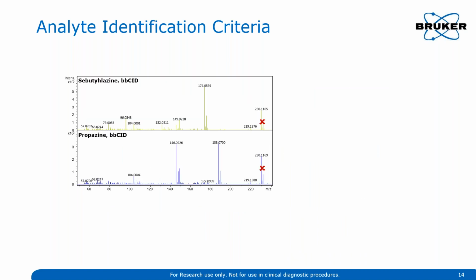So if we look at broadband CID spectra for these 2 chromatography peaks, we see that the parent ions are the same right here, but the fragment ions are different. So unique fragment ions can be used to distinguish even isomeric compounds, although not always.